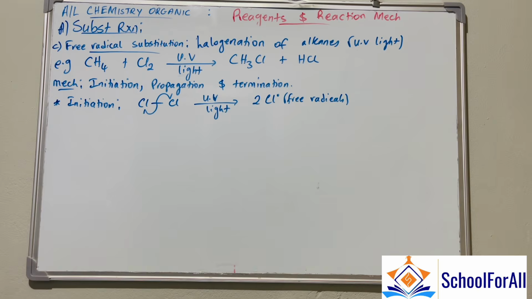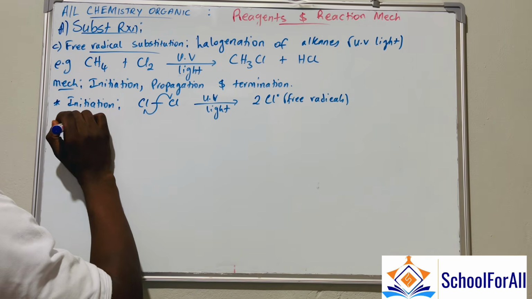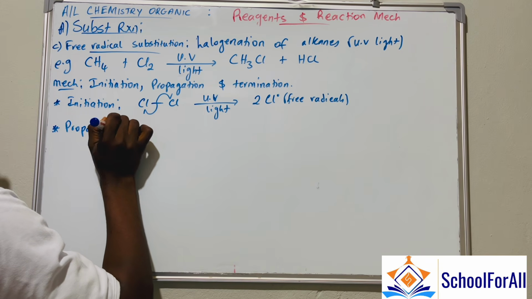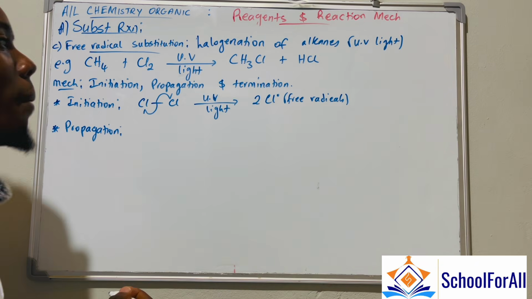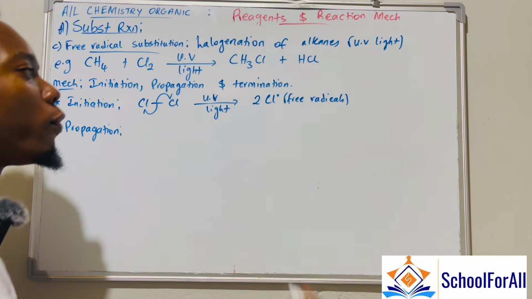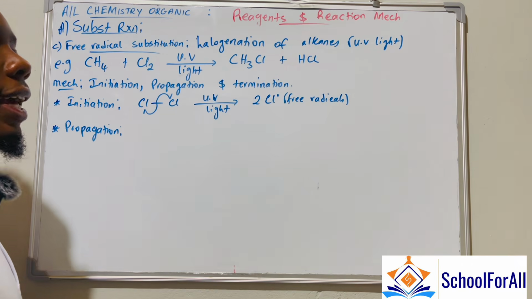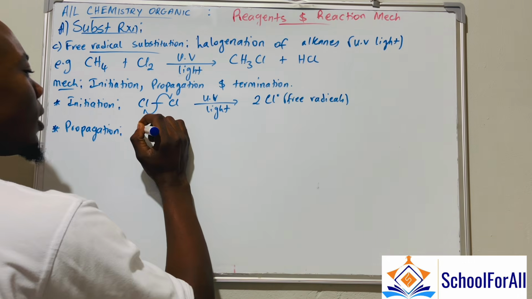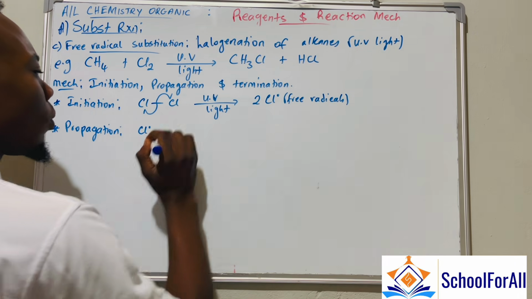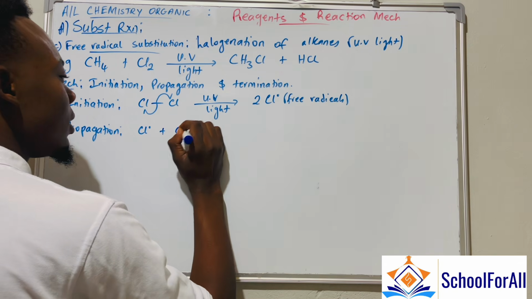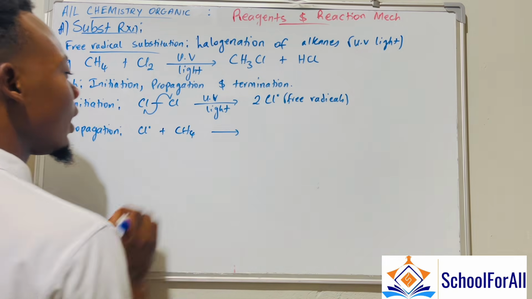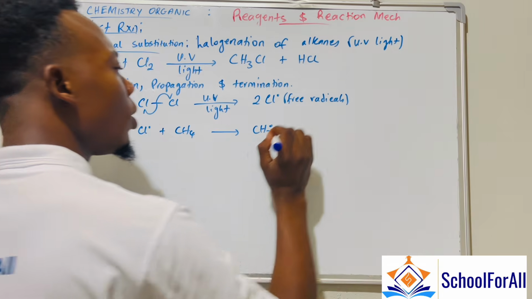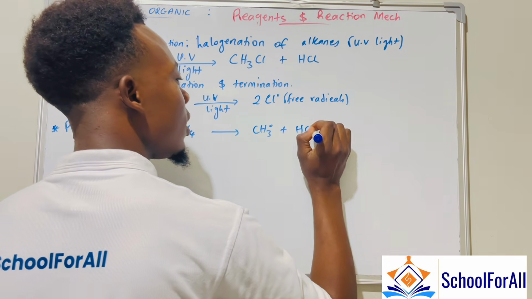Now, after that, I have my next step, which is propagation. Just by the name, in the propagation step, the free radicals that are produced will form other free radicals. It means that the production of free radicals will be propagated. So this free radical will come and knock on my CH4, releasing another free radical, CH3 free radical, plus HCl.